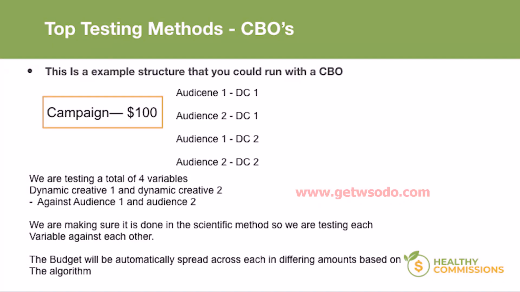So there's a total of 4 variations being tested here. Dynamic Creative 1, Dynamic Creative 2, and they're both being tested against audience 1 and audience 2. So we want to make sure it's done in the scientific method so that we're testing each variable against each other, right? And then the budget will be automatically spread across each ad set in differing amounts based on the algorithm.